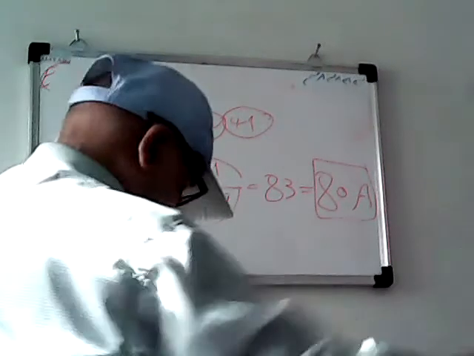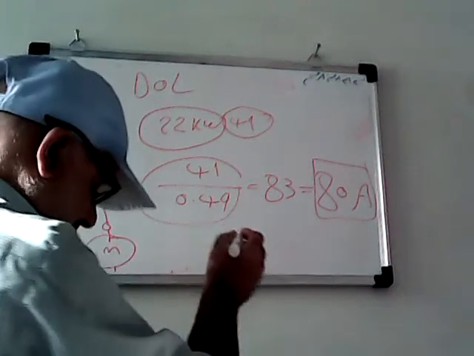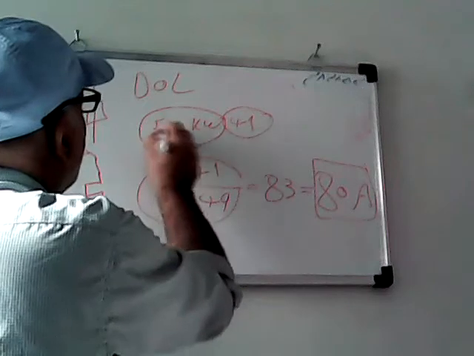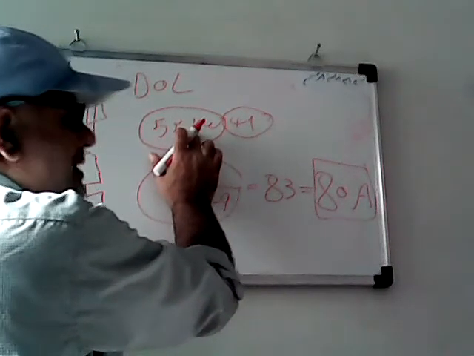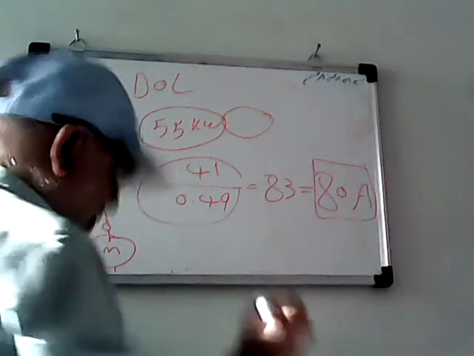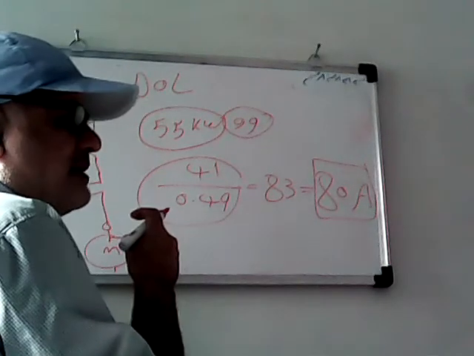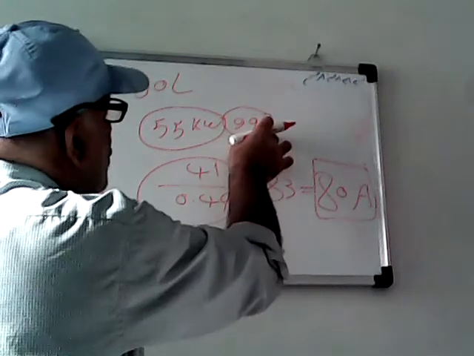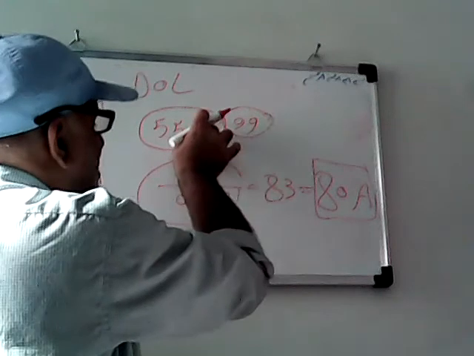Okay, another example, 55 kilowatt. You have a 55 kilowatt electromotor with 99 amperes nominal current. You want to choose the best fuse for this electromotor.